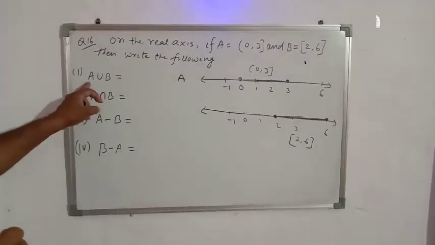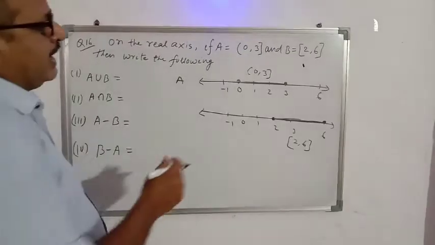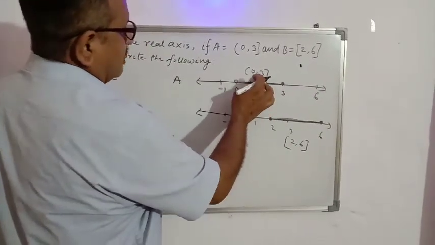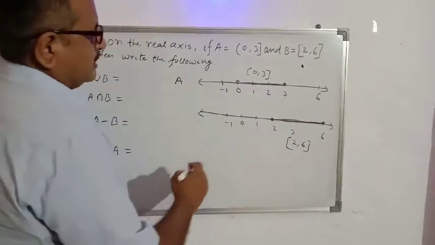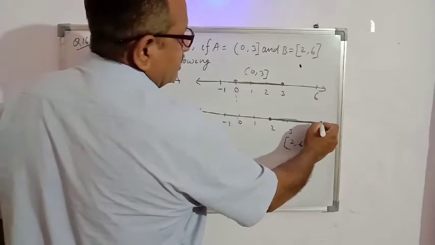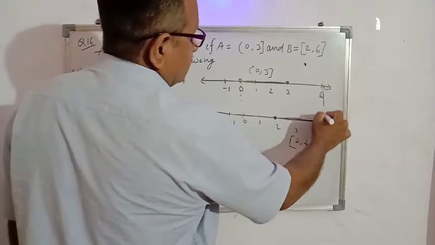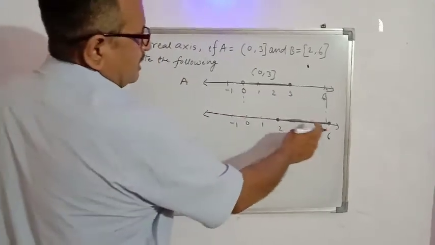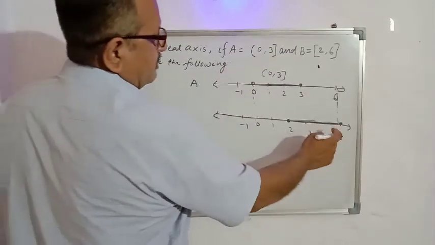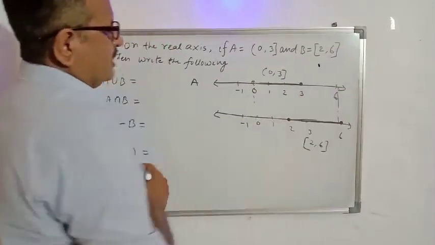Firstly, we have to tell A union B. A union B means we have to take all the elements of set A and set B. So from 0 we have to take up to 6. But 0 we take as an open end, and on the 6 side we make it closed.